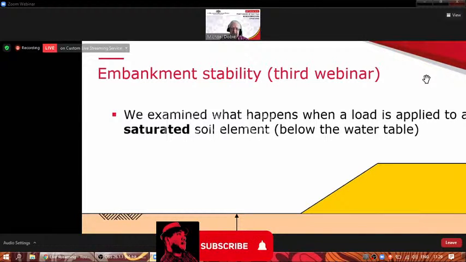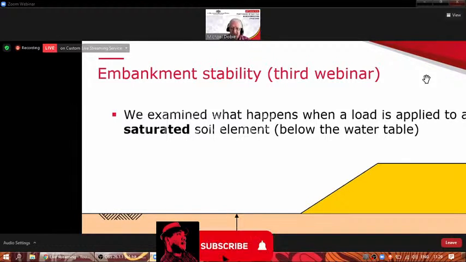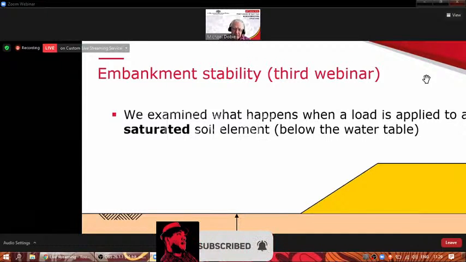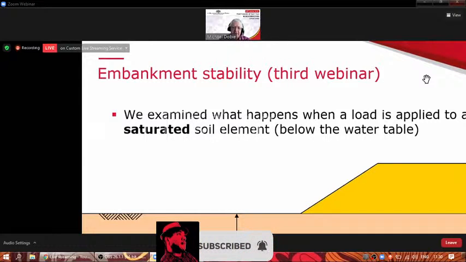So if you remember, if you attended that webinar, we looked at a case where we have a soil element below a water table underneath an embankment, and we wanted to understand what happens when we apply a total stress to that soil element without drainage taking place.